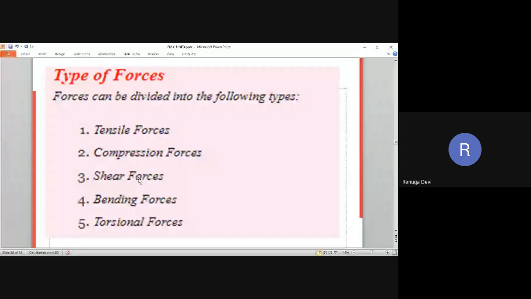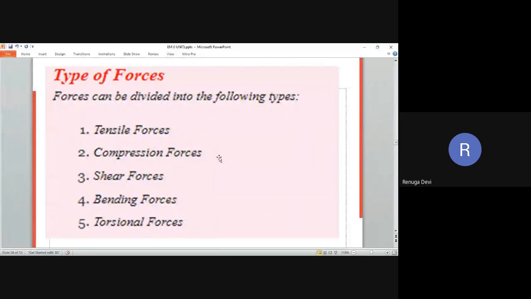In previous regular classes, I explained this in detail so that you know the difference in all these five forces. Shear force is not applied along the axis. It is applied at one edge or adjacent to the body. One side is fixed, another side is movable.